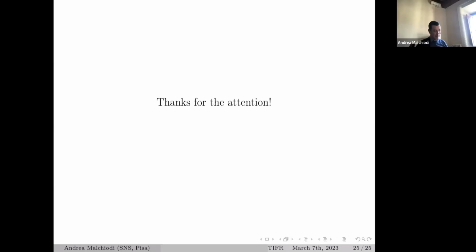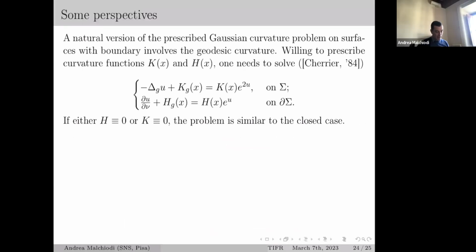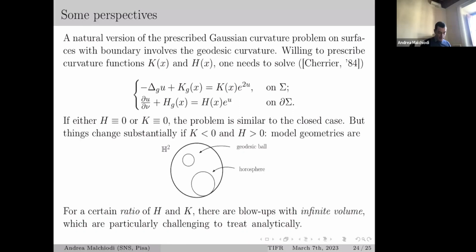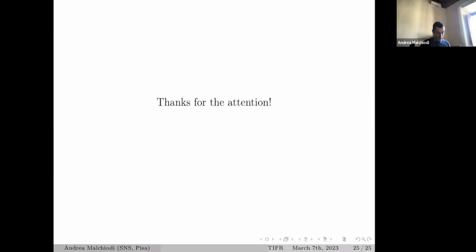Oh, right. Yes. Let me draw a picture. You look at the topology.